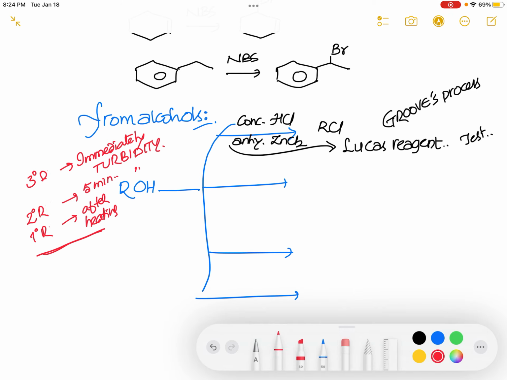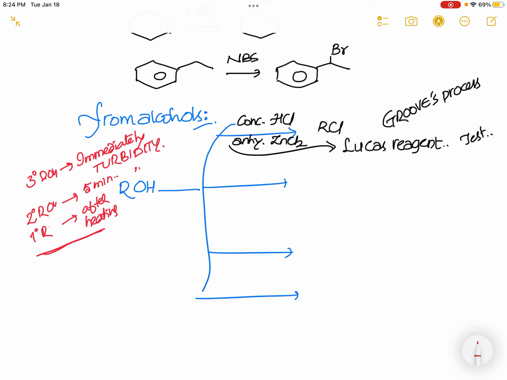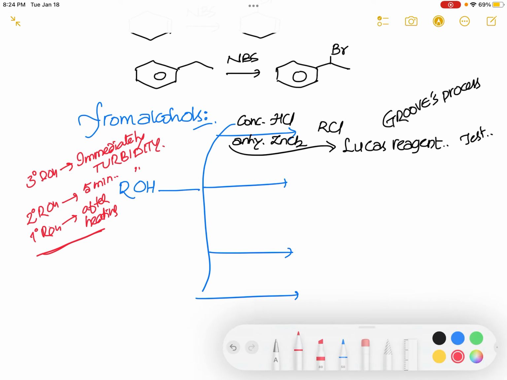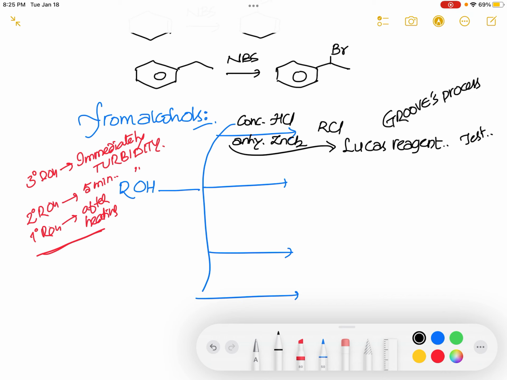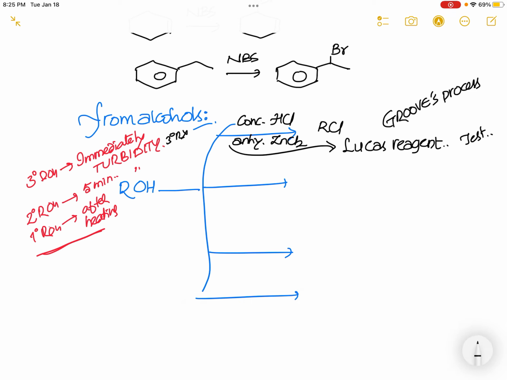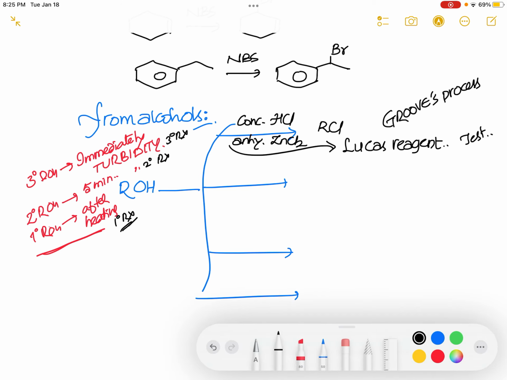I will write now ROH, ROH, ROH, so that you are getting tertiary RX, secondary RX and primary RX. No confusion. Lucas reagent is concentrated HCl with anhydrous ZnCl2. You can expect these kinds of direct questions in your exam.